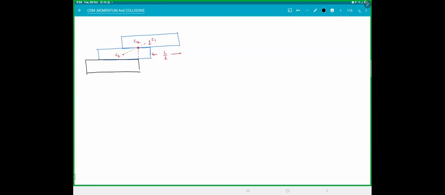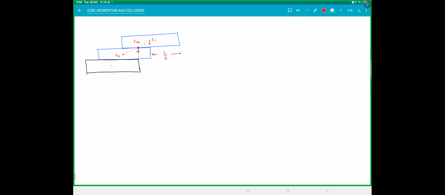Are you getting the argument, how we are doing this? Whatever is on the top, its center of mass should pass through the base, isn't it? So for plank 1 and 2, the center of mass should pass through the edge of the third plank. Are you clear with that argument? How much will that distance be?